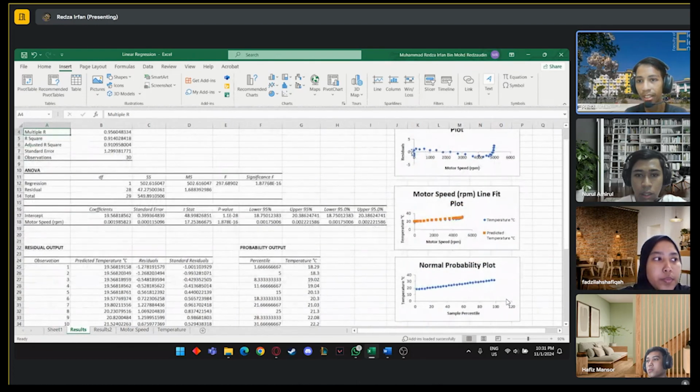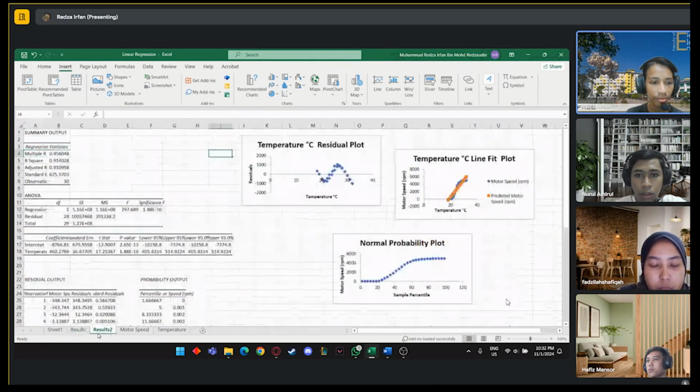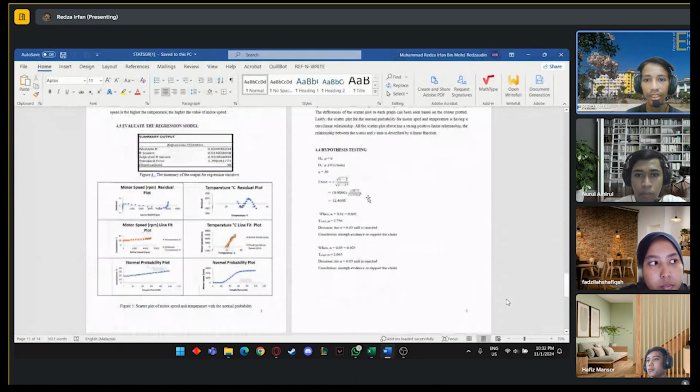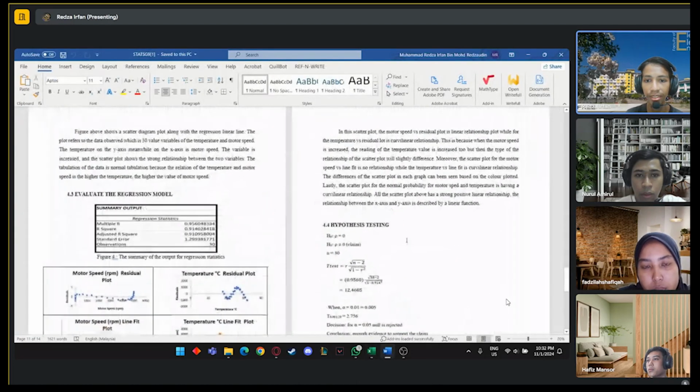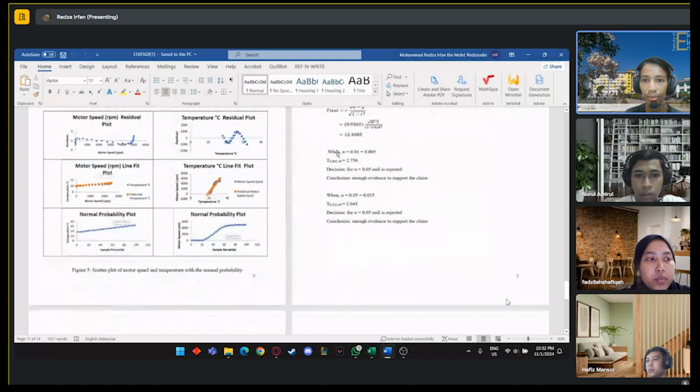So this is the result for the graph. Here you can see that the data is linear, and it is the same for the temperature. For the hypothesis testing, we put our test here, with the calculation for both alpha 0.01 and 0.05.